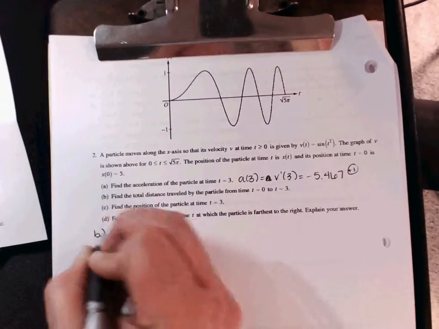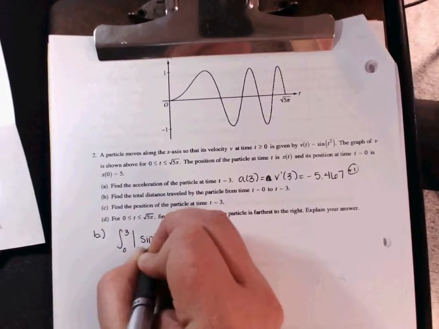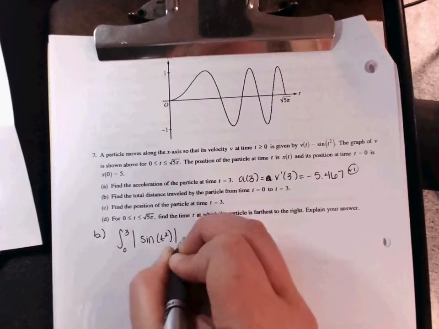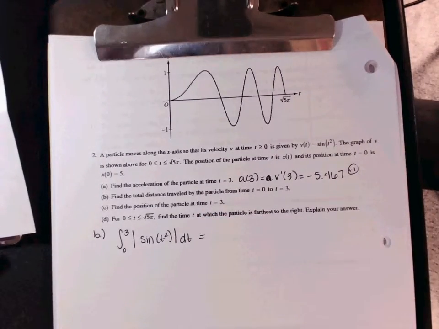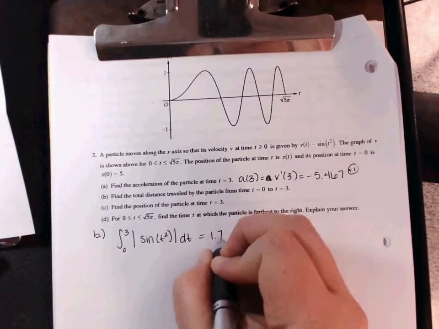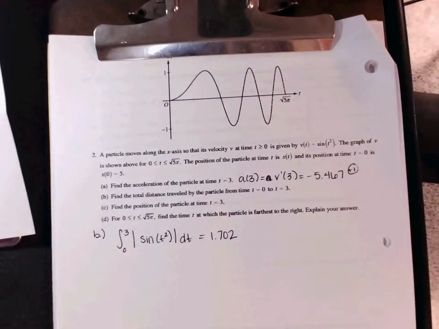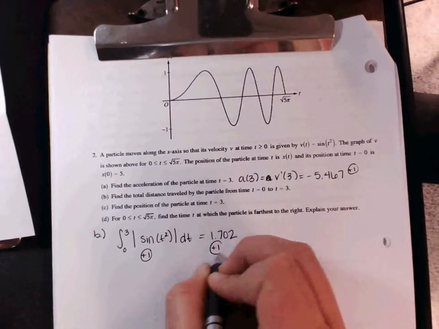Of course, yes. So if you did this 0 to 3 absolute value, sine t squared dt, that would have been fine, but you did have to have the absolute value bars. If you didn't have that, you wouldn't have gotten it. Okay, and then we got 1.702. So that would have been worth 2 points. 1 for the setup, 1 for the answer.